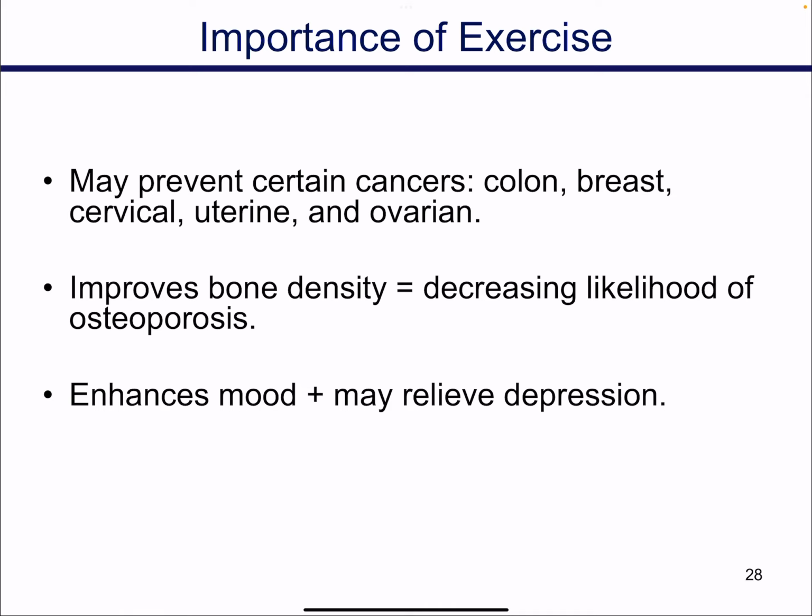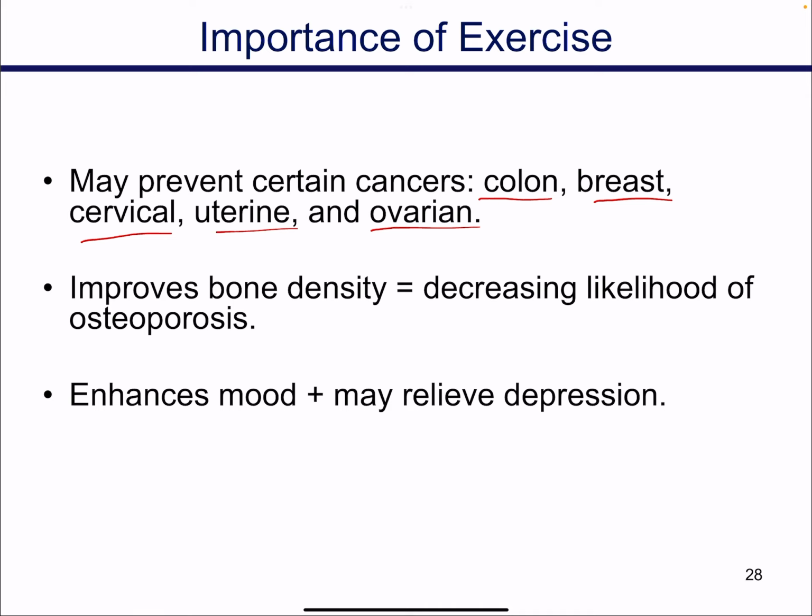Now, exercise is also going to be very important in preventing some cancers, okay, including colon cancer, breast cancer, cervical cancer, uterine cancer, and ovarian cancer. Exercising is going to be good for improving the health of the bones, right?